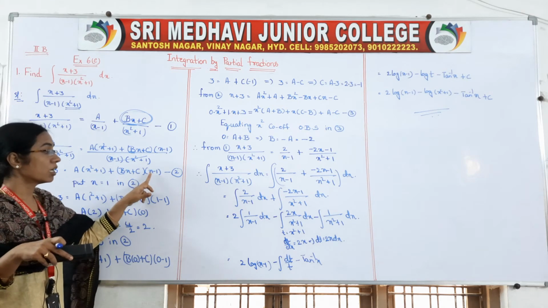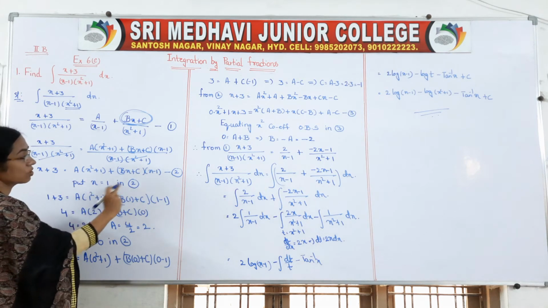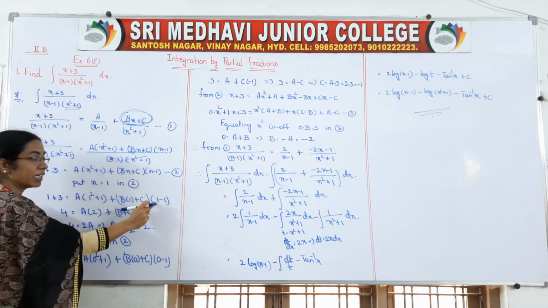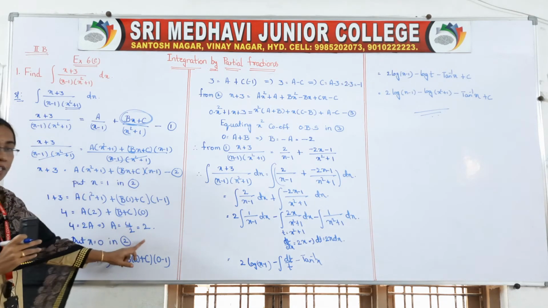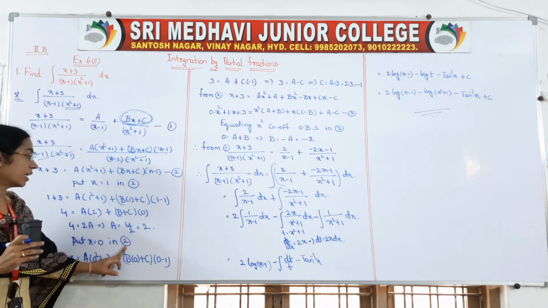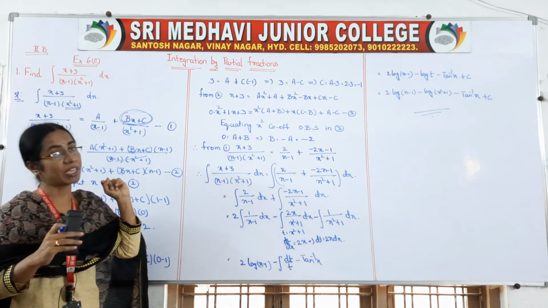So here, if x is equal to 1, what happens? If we substitute x is equal to 1 in this equation, this term will be 0, and 0 into something is 0, and you will get your a value. See, a is equal to 2. Next we have taken x is equal to 0, and we got the c value: c is equal to minus 1.